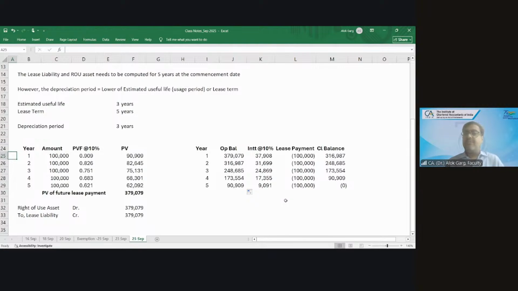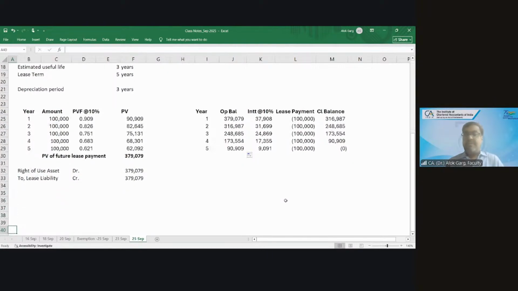But what about the right of use asset? This right of use asset, your expected usage is only for 3 years. So depreciation has to be charged for 3 years, right?